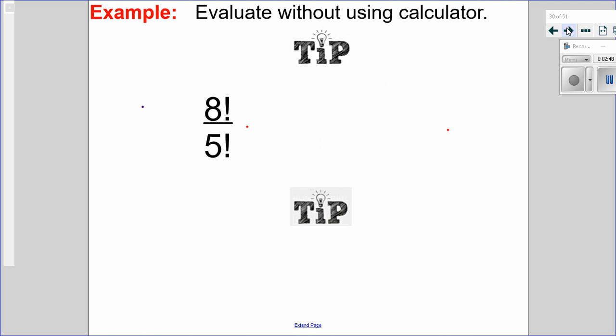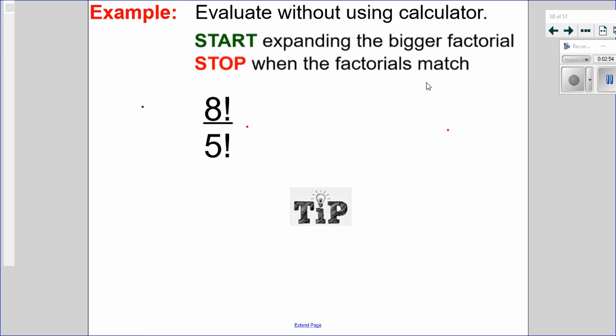Let's say we want to evaluate 8 factorial over 5 factorial without using our calculator. My tip for you is to start by expanding the bigger factorial and stop when the factorials match. So I have 8 factorial and 5 factorial. 8 factorial is bigger, so I'm going to expand that.